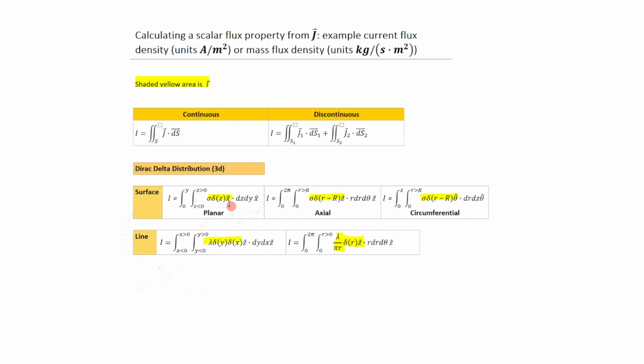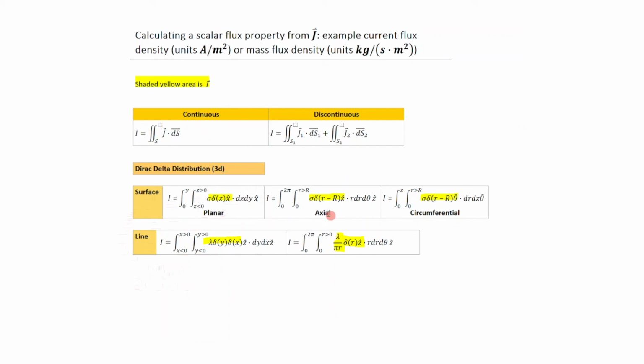And so the simplest thing to do is to create a surface whose orientation vector is in the x-hat direction, which means its differential surface area magnitude is dz dy. If you compute this calculation, you get the total current, I, and again, regarding the delta in z, you just need to integrate slightly above z equals 0 and slightly below to capture everything you need.